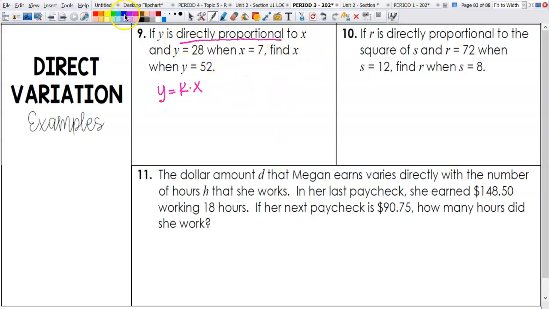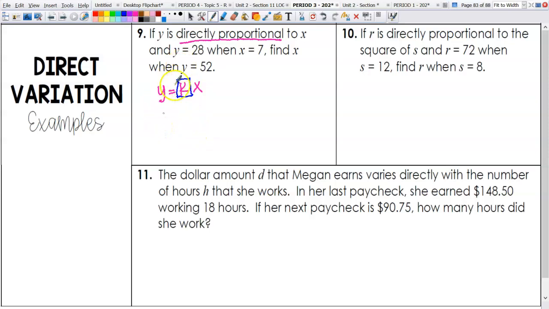Without having the constant of variation, we can't continue.